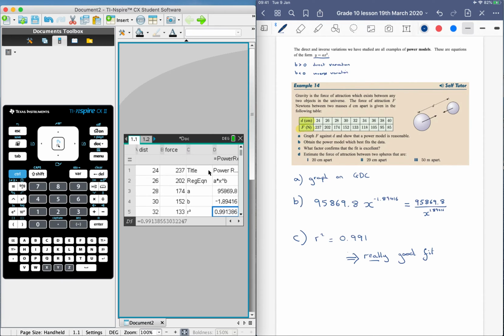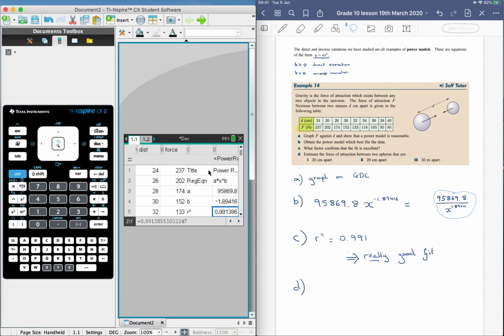Okay, part D, and this is always going to come up. You're going to now have to use your power model to find out something. So now I'm actually going to just adjust what I've put previously. I've just remembered that we're in terms of f and d, and I've just written down x's here.